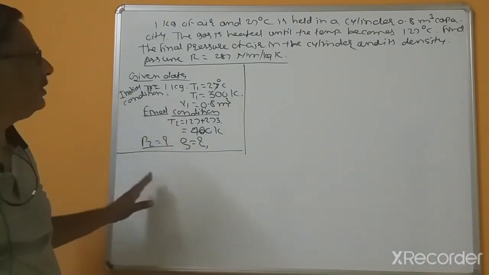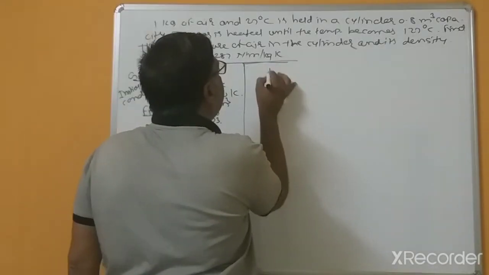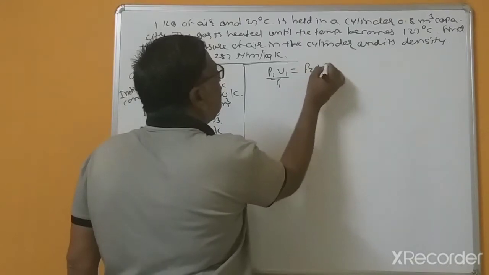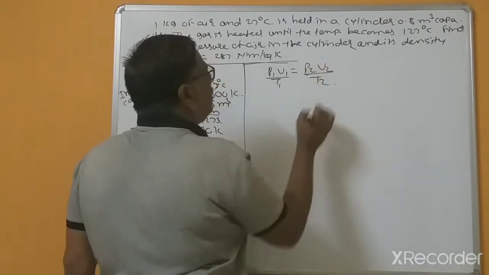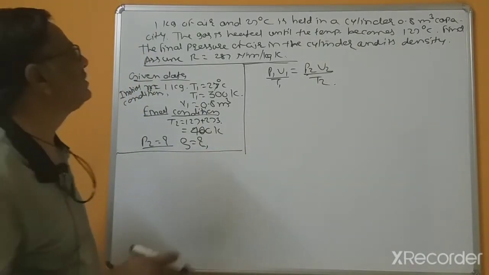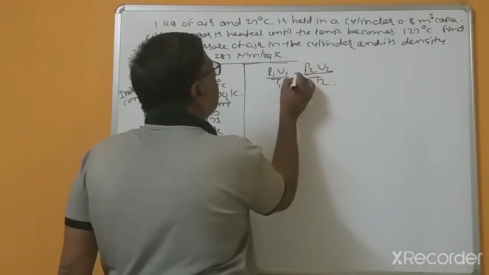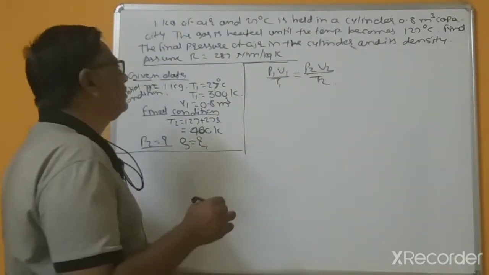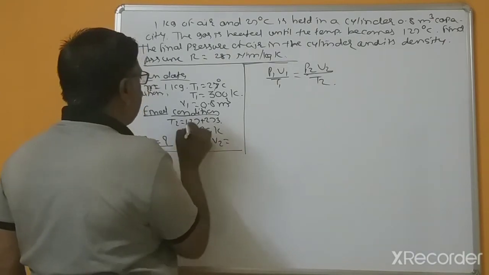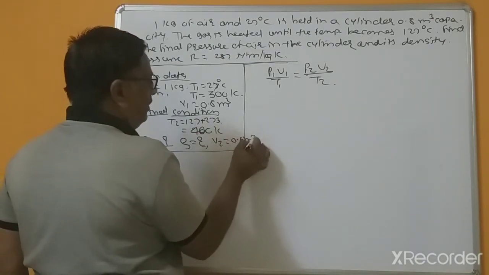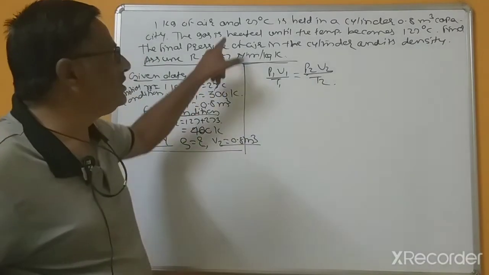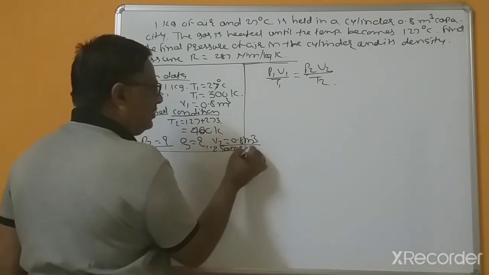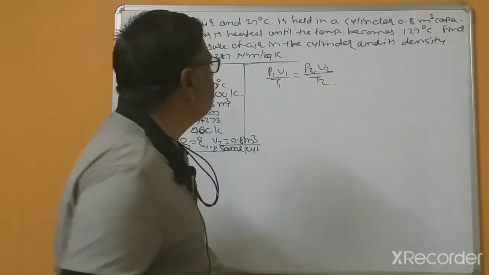So P2, yes, we can use the relation P1 V1 divided by T1 is equal to P2 V2 divided by T2. By using this we can calculate P2, because V2 equal to the same 0.8 meter cube. Why is V2 equal to 0.8? Because same cylinder, that's why volume remains same.